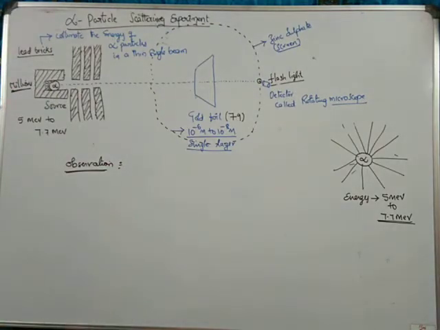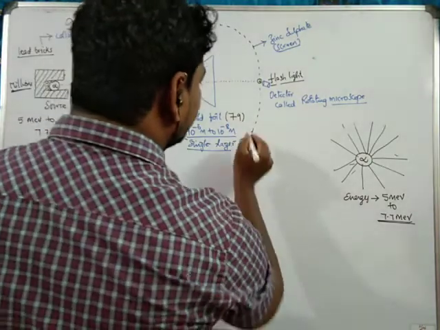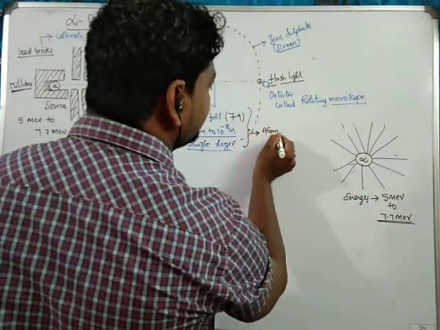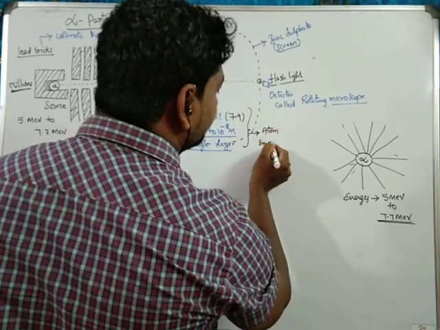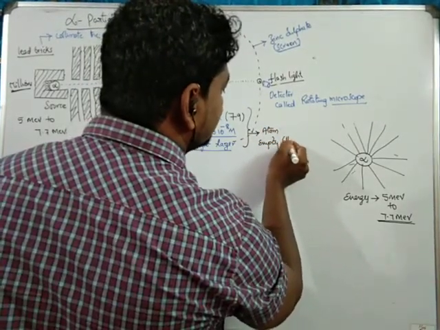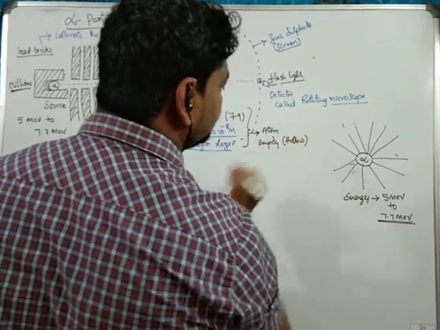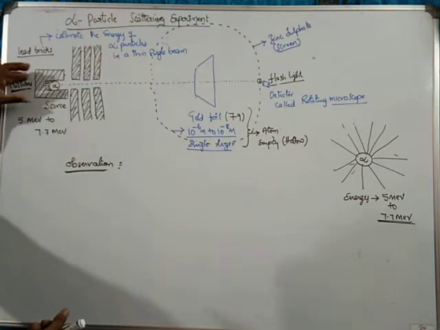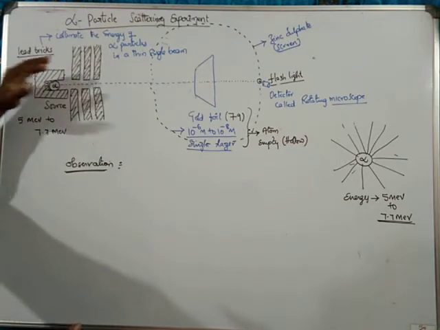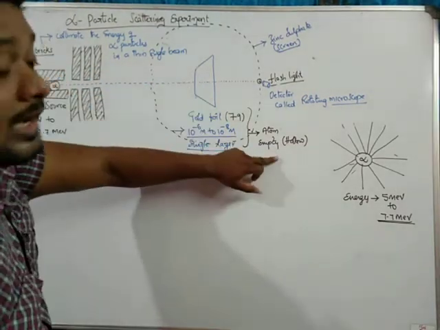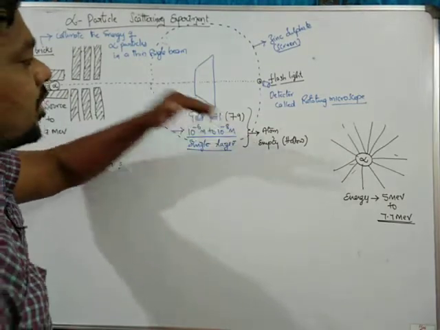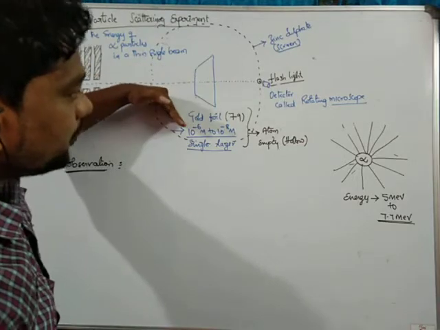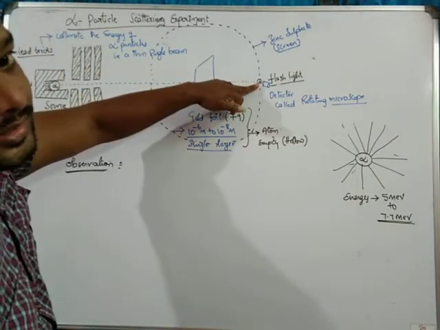It has a single layer, and we will consider that most of the part of this atom is empty, or hollow. Empty or hollow means whenever we release millions of alpha particles, the gold foil is in an empty state, so the alpha particles will move through the gold foil and strike at the same point.